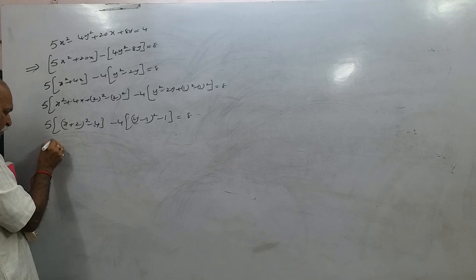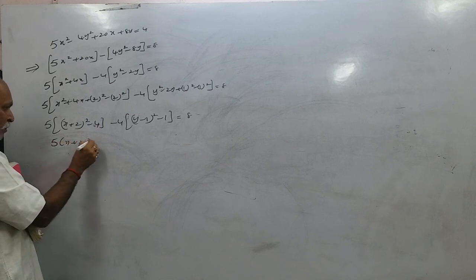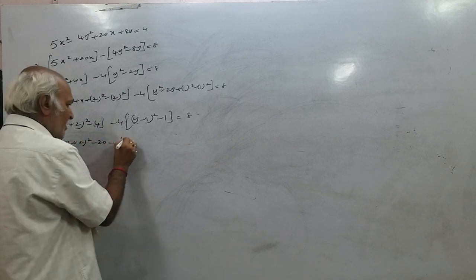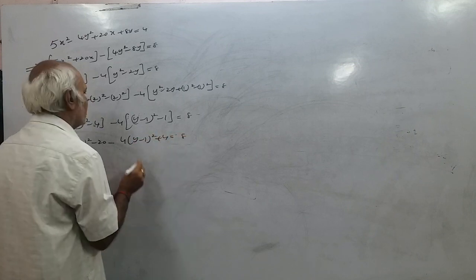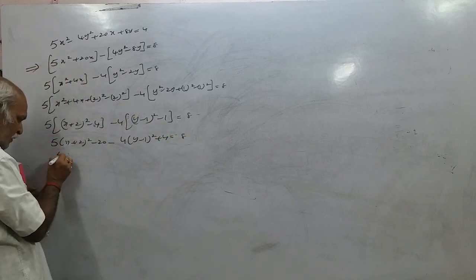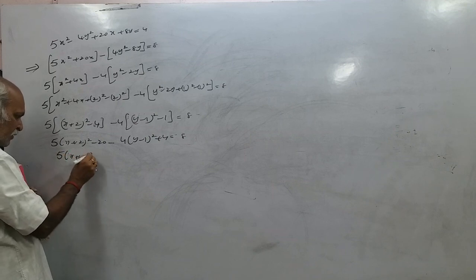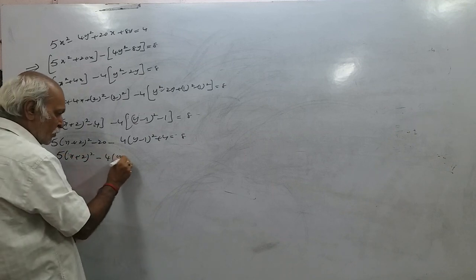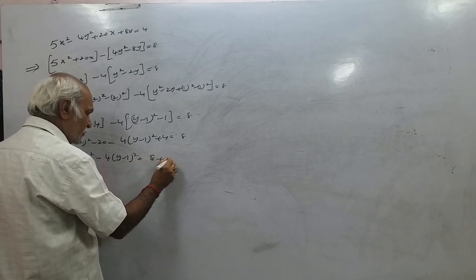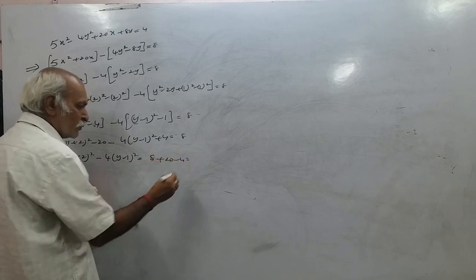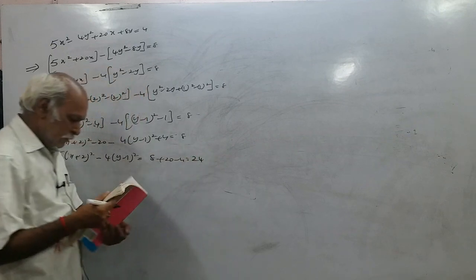Open the bracket: minus 20, minus 4 into plus 4... minus of minus will come plus. So 5(x + 2)² − 4(y − 1)² = 8 + 20 − 4. So how much do we get? 24.